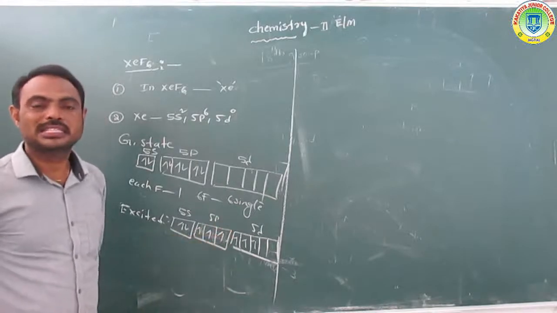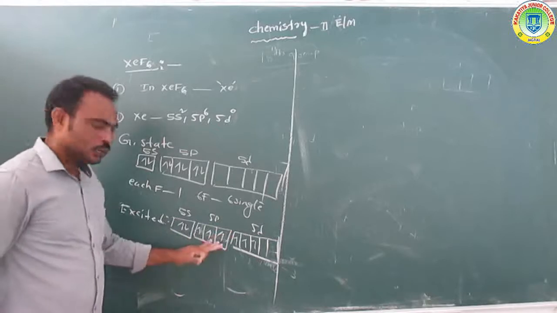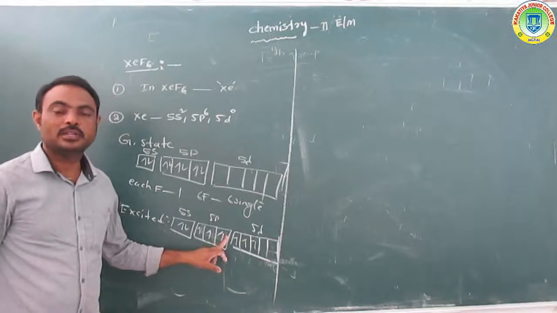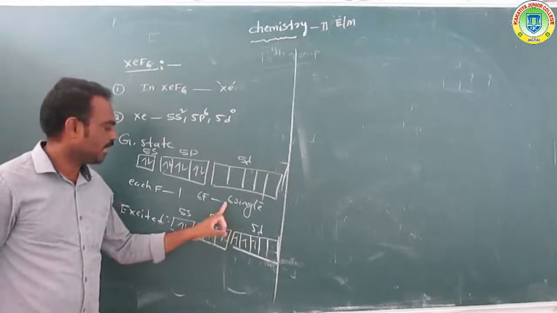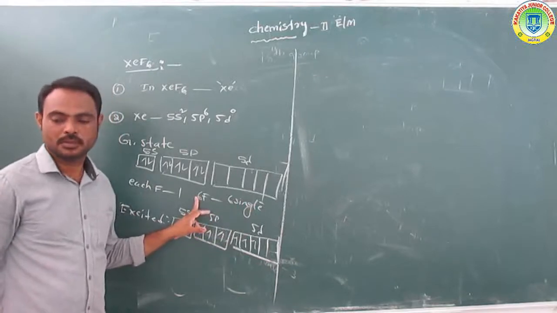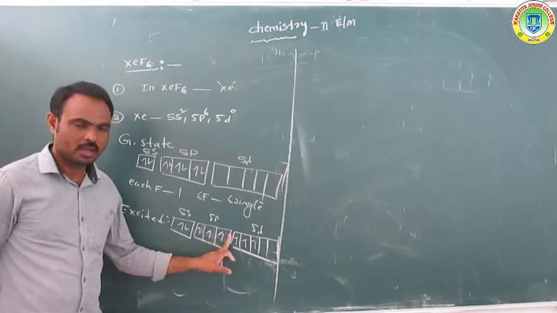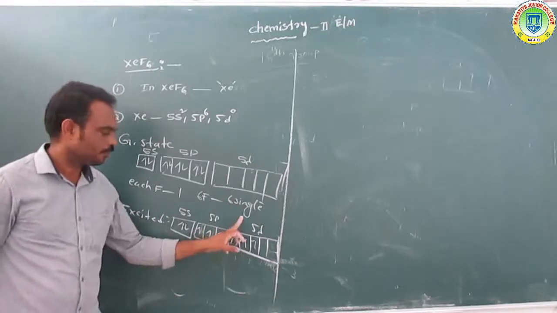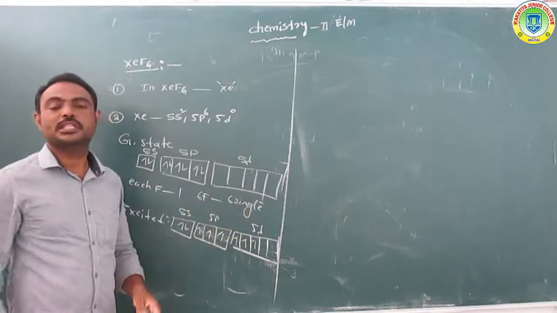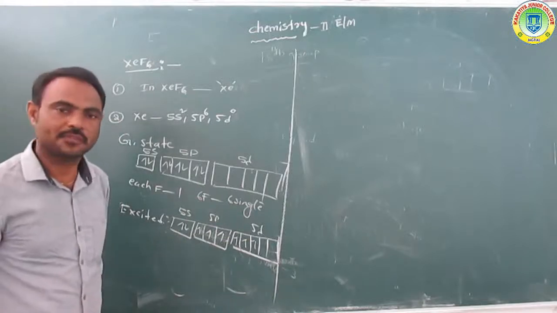Total 6 single electrons. These 6 single electrons of the xenon atom are bonded with 6 single electrons of 6 fluorine atoms to form XeF6.